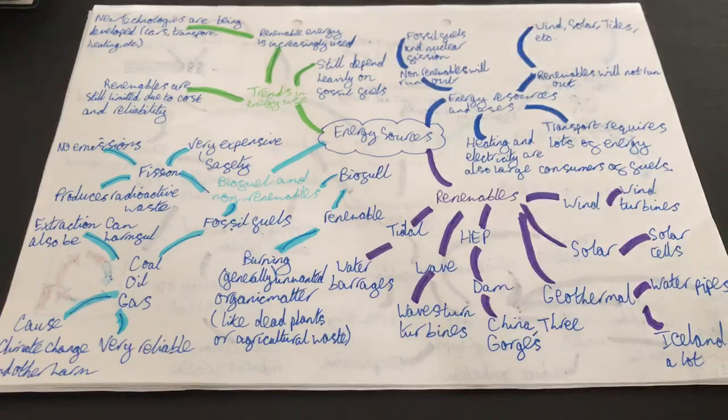It turns various convection currents because of the heat emitted by the radioactive decay, and it generates electricity that way. It doesn't release any greenhouse gases, any emissions at all, really.